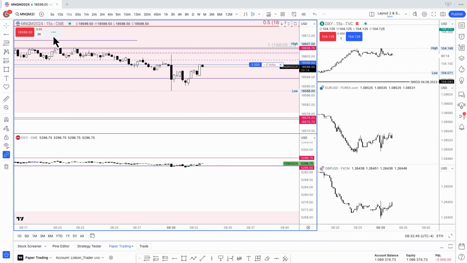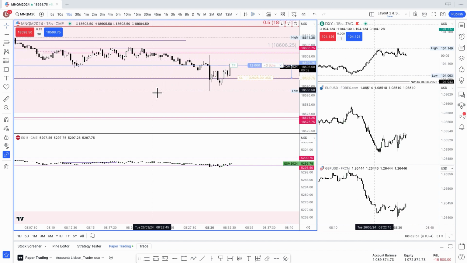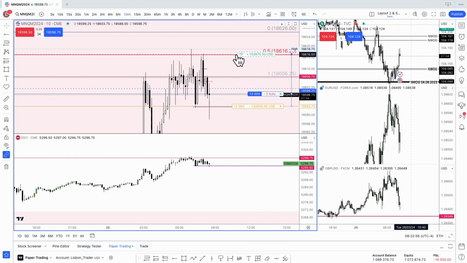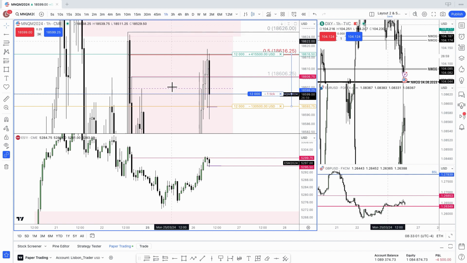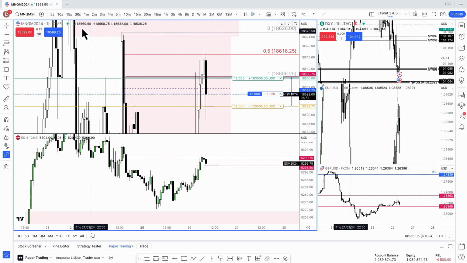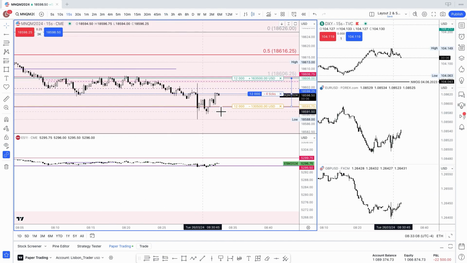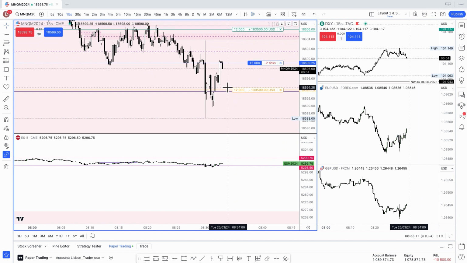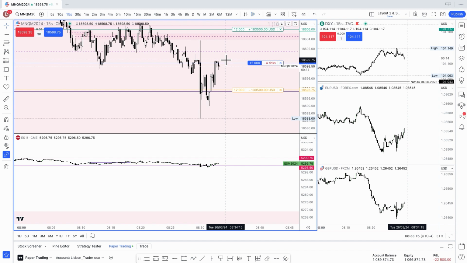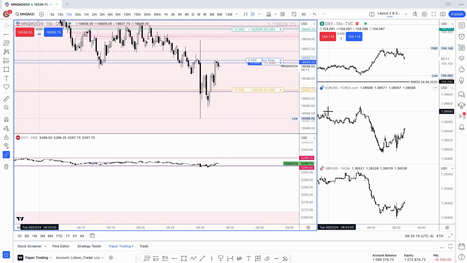Going higher now. Just to this level. Buying above that level.